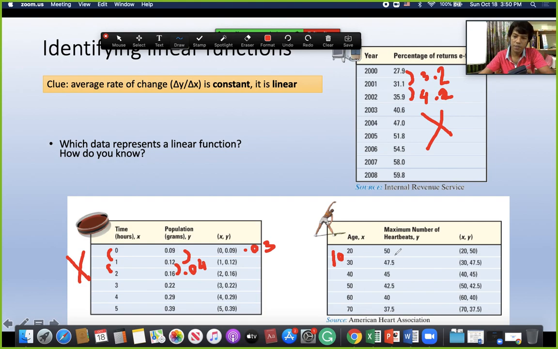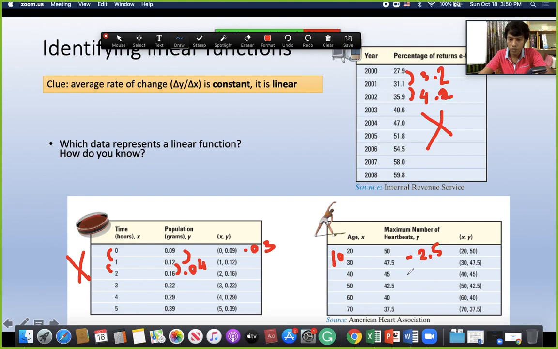Now look at this. Is this also the same? 47.5 minus 50. The answer is minus 2.5. Actually, I am always subtracting the second value minus the first value. So it is minus 2.5. Okay, now 45 minus 47.5.